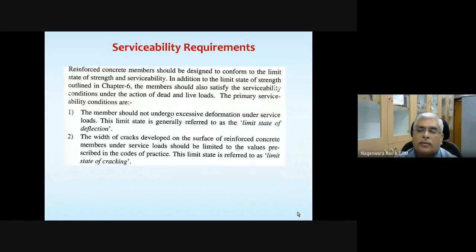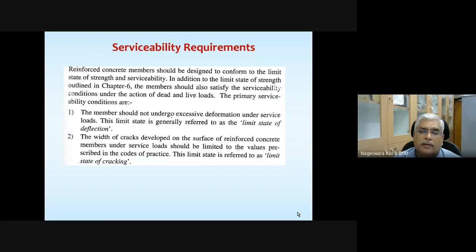That also we will be looking at. So either you make sure your effective span to depth ratio is within certain limits, or you calculate the deflection and compare with the permissible deflection.